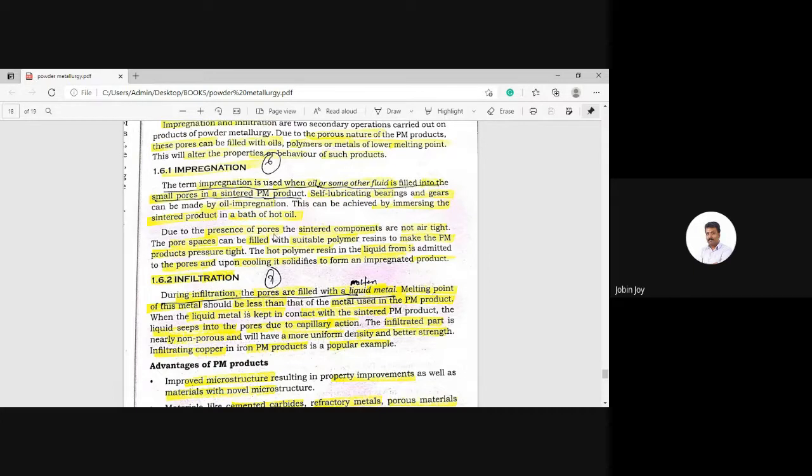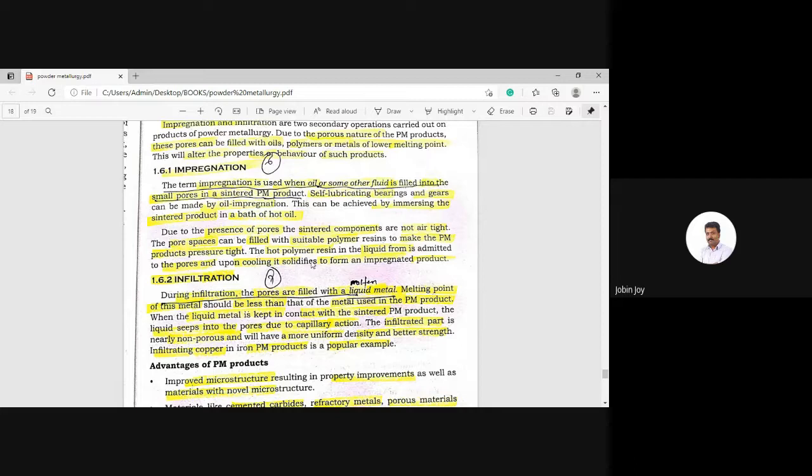Because of the presence of pores, the sintered components are not airtight, so we have to make the powder metallurgy products pressure tight. We fill the pores with suitable polymer resins.